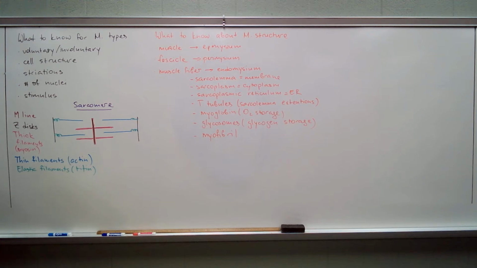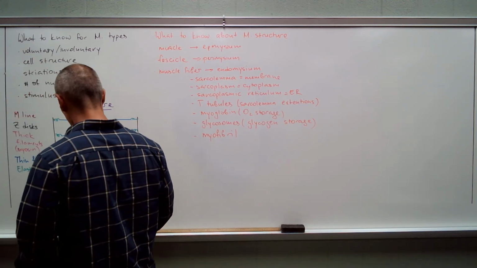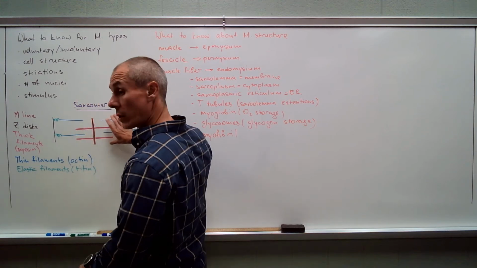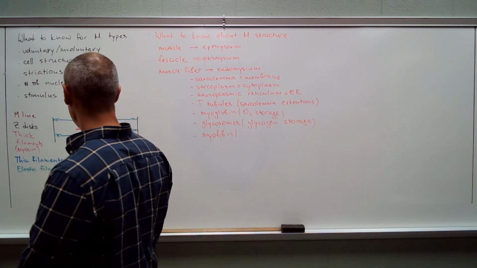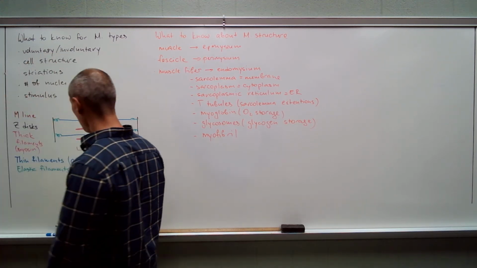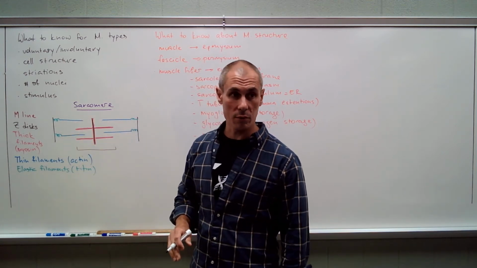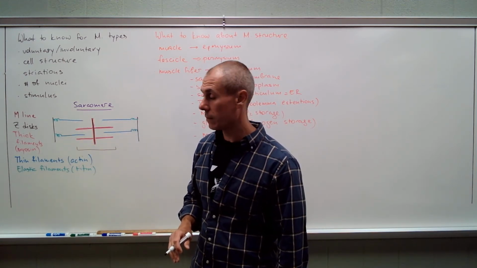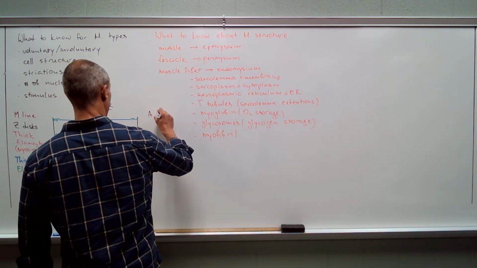Now, a couple more structures. You can see there's a region right here in the center where thin and thick filaments overlap. Can you see that? That region is called the A band.